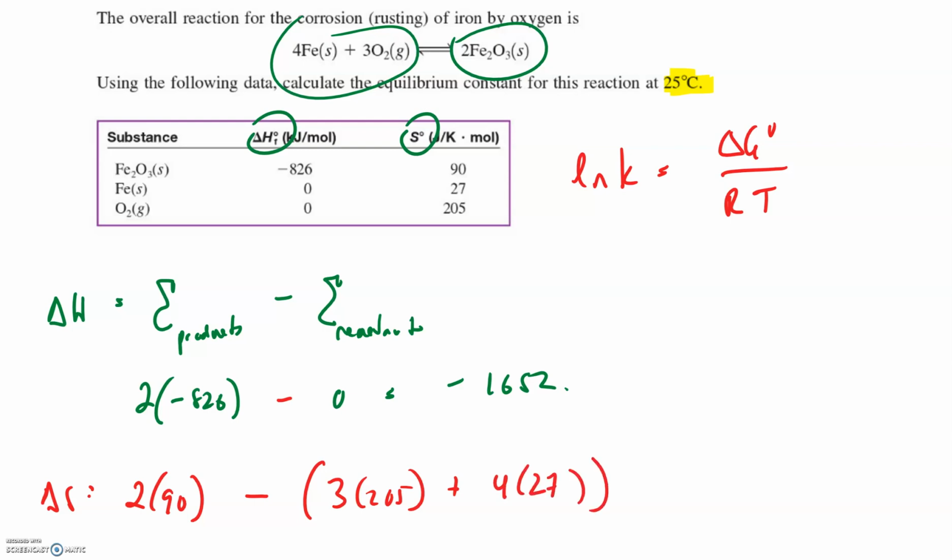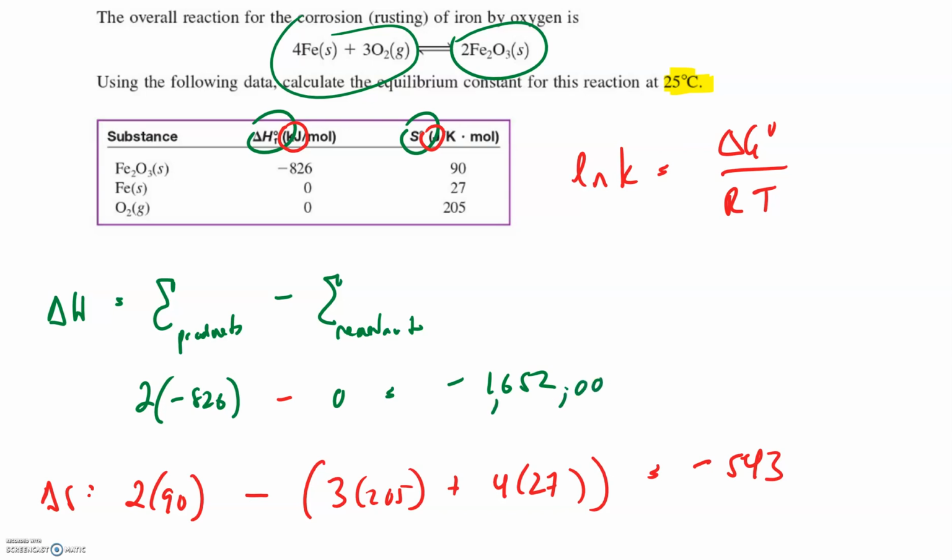Let me do this, and through the magic of technology, I will get the answer for delta S instantaneously. Negative 543. Now let's be careful, because delta H is in kilojoules and delta S is in joules. So let's write our delta H in joules as well: negative 1,652,000. These are both in joules per mole, and this is joules per Kelvin mole.